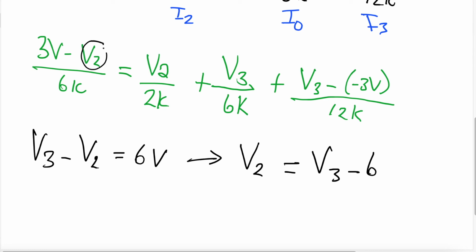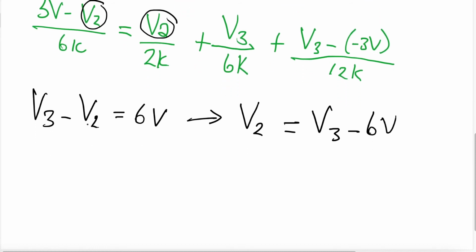All the V2s, we're essentially going to replace with V3 minus 6 volts, and that's what we're going to put in our equation. So let's see what our final equation is going to be.